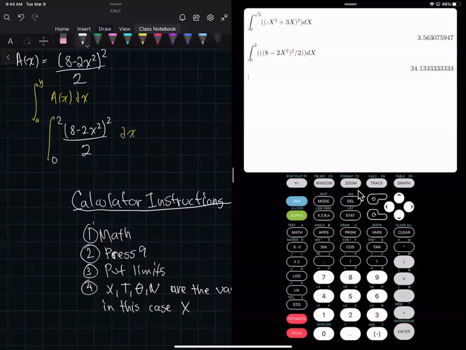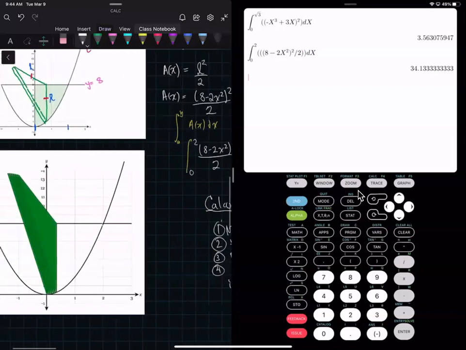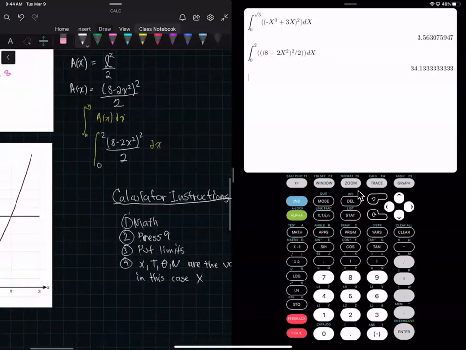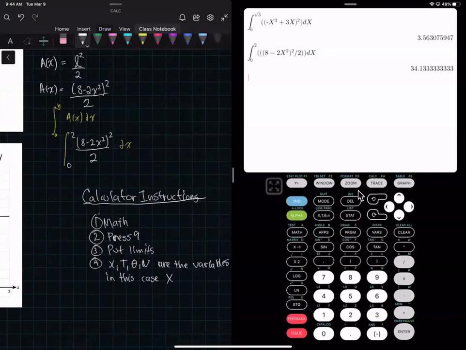Okay, so my answer is 133. And this one is to the nearest thousandth, I believe, again. Yeah, nearest thousandth. So it's going to be approximately 34.133. And then rounding it. Oh, that's not the correct rounding place.